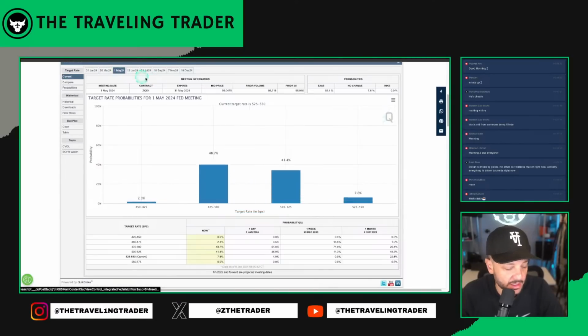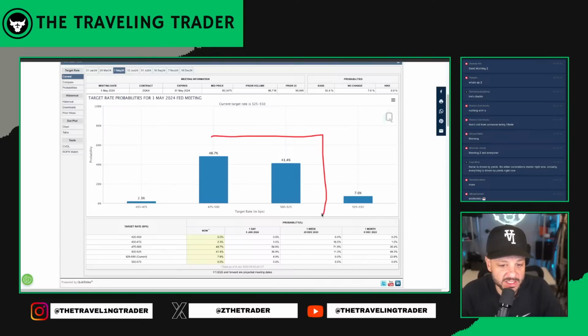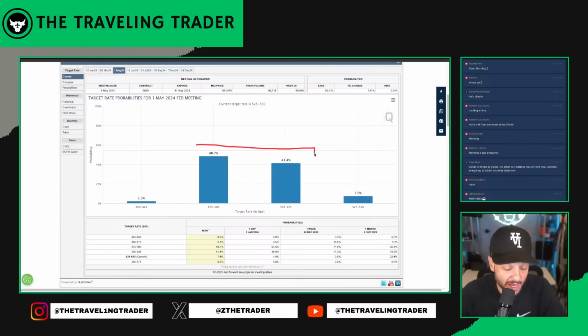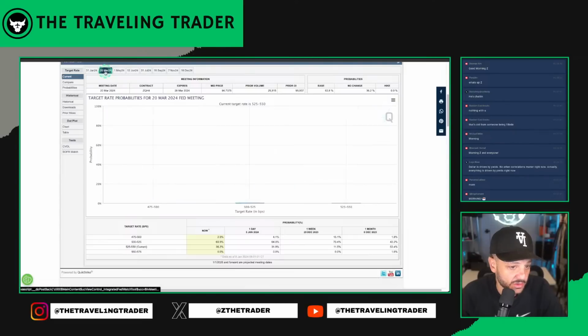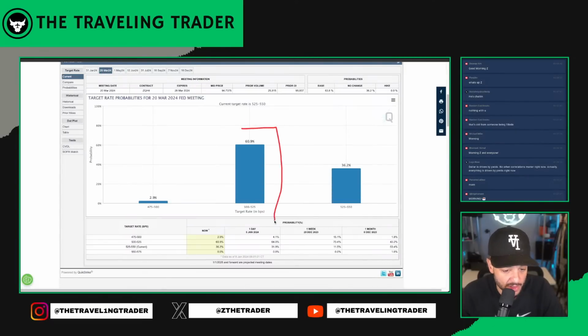If you look at May, it's projected almost 90% that the Fed is going to cut, right? This is likely, in my view, incorrect. I don't think that the Fed is going to cut in March, right? Even though it's priced in the most.